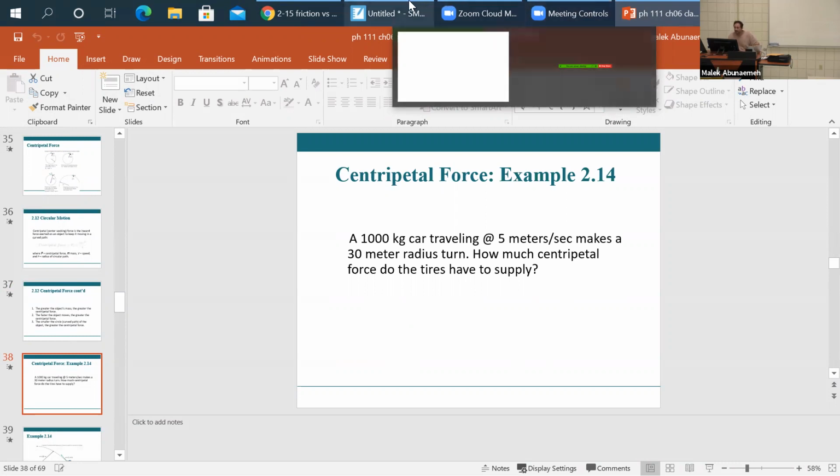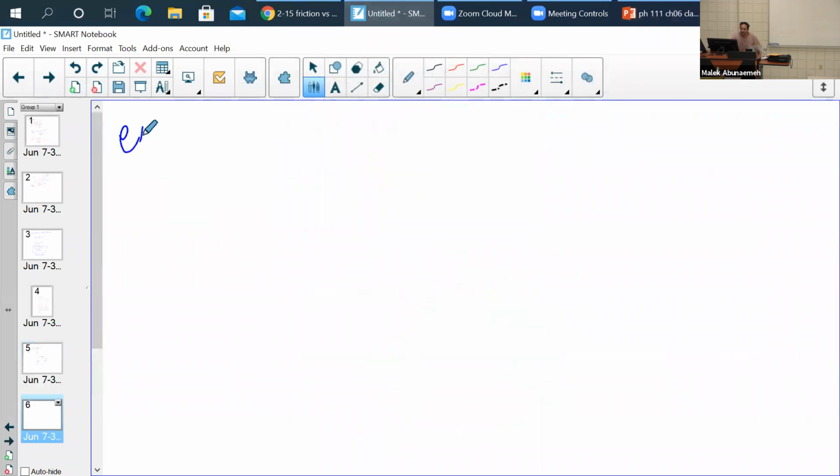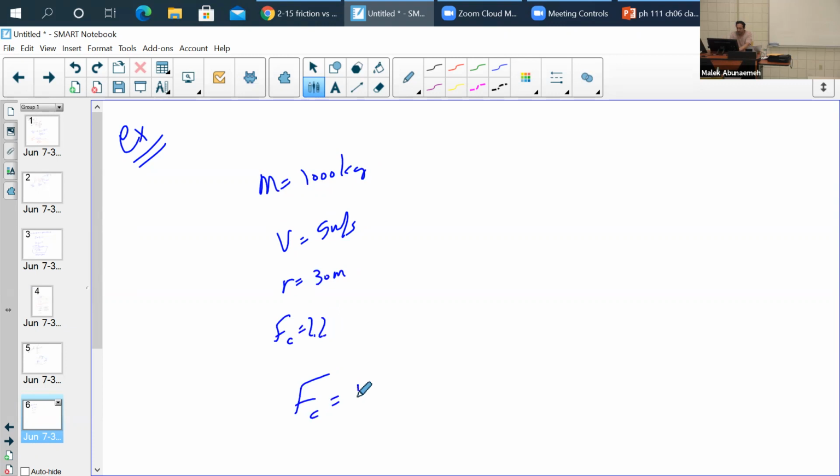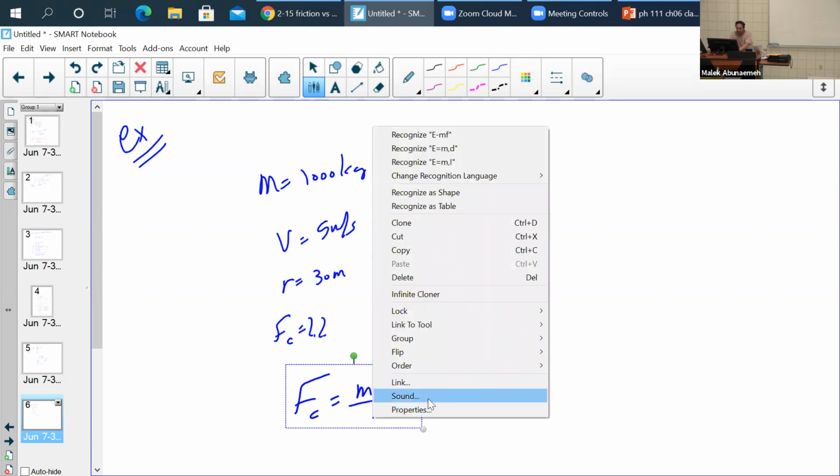All right, so here's your example. Your mass is 1,000 kilograms, and you're traveling at 5 meters per second. Your radius is 30 meters, and you're looking for your centripetal force. Centripetal force is mv squared over r.